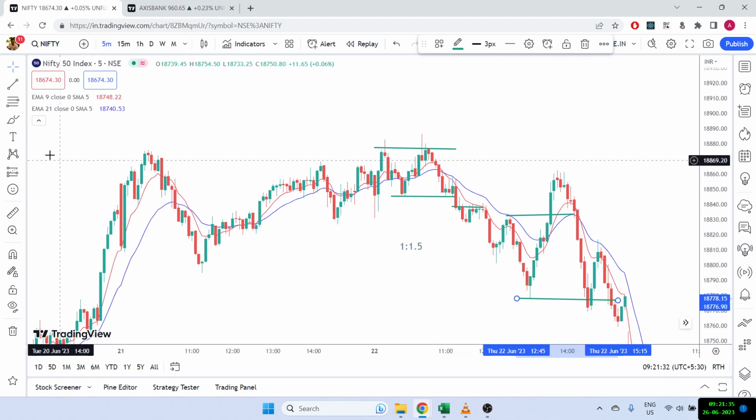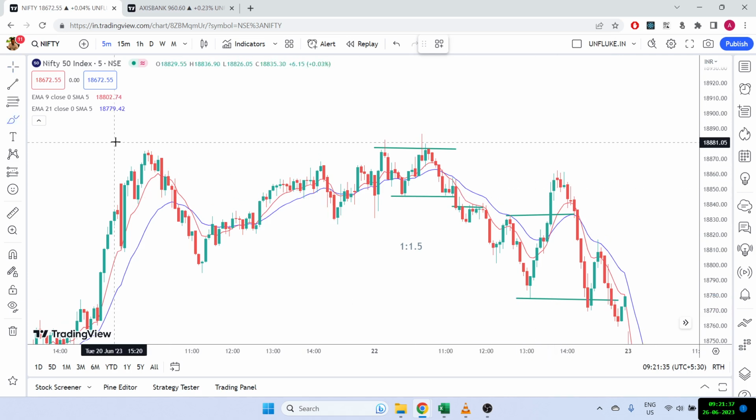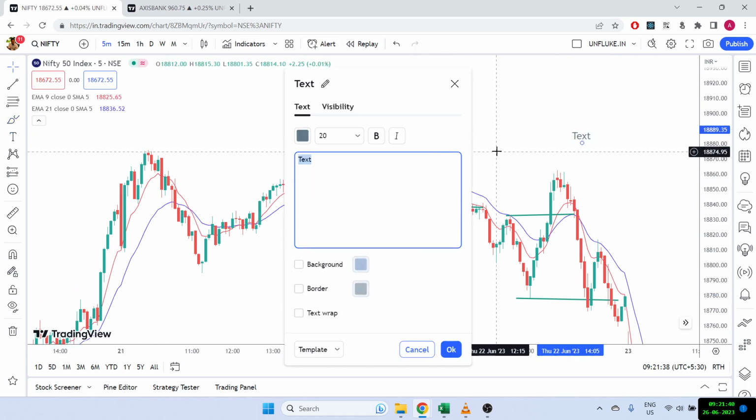So essentially, let me write down all the rules. Firstly, I want the resistance and support to be close, which means some kind of consolidation is happening. Then when I'm going for a buying entry, I want the candle to be above both the EMAs, both 9 and 21 EMA, and at the same time the 9 EMA should be above the 21 EMA, and I will take the entry at the closing price.